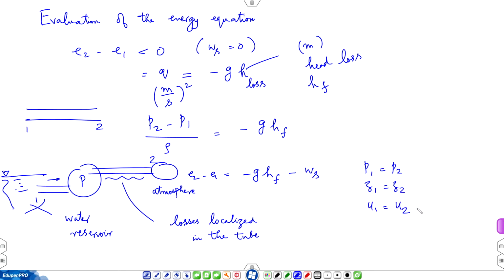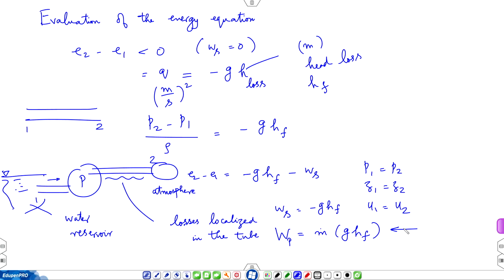Okay. So, that means E 2 minus E 1 is 0 and you get W s equal to minus G H f, and the pump work is m dot G H f. So, when you express in terms of pump work, you do not say it is minus so many units.